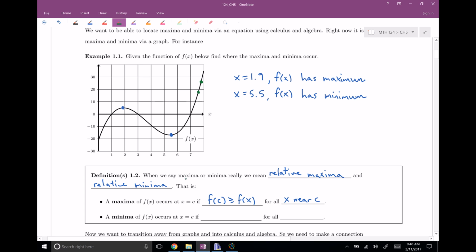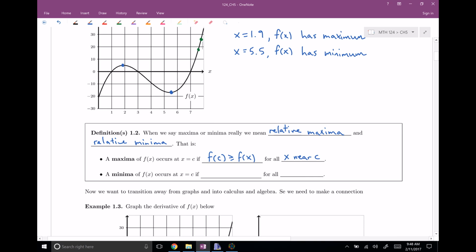And so in this class, when we say maxima or minima, we really mean relative minima or maxima, right? So just a heads up, we're going to abuse the way we speak just because it's a little bit faster. A minima of f of x occurs at x equals c if the function's value at c is less than or equal to the function's value for all x near c.